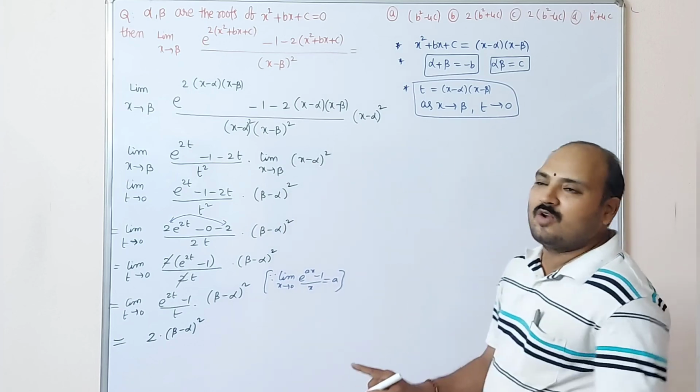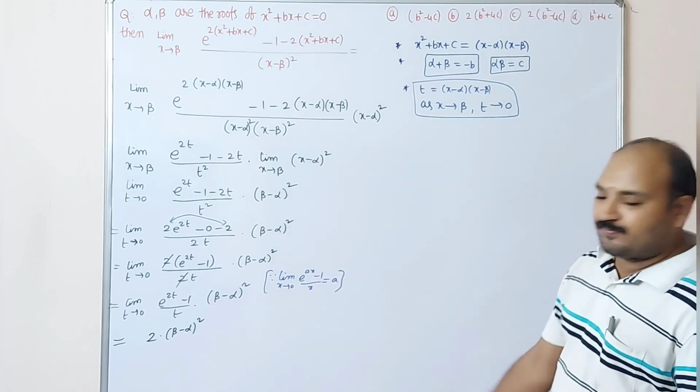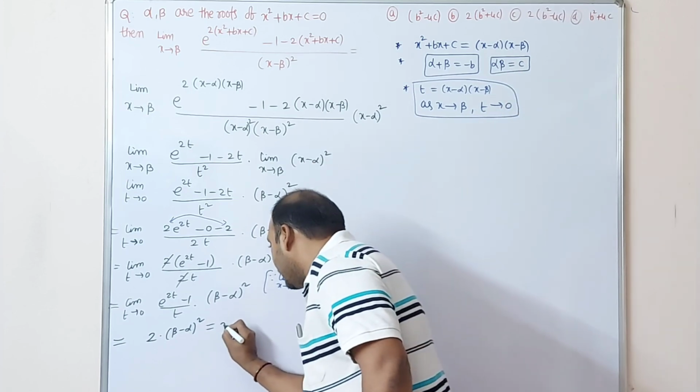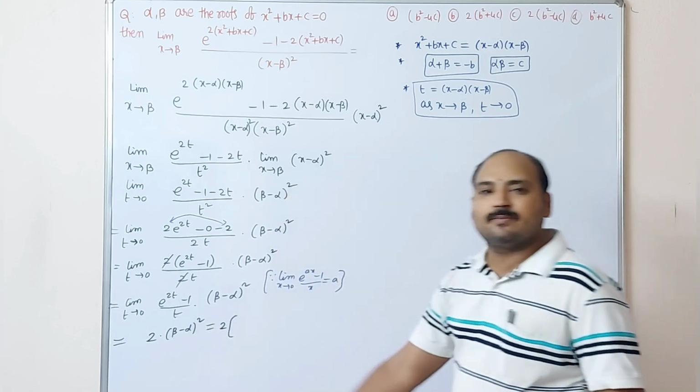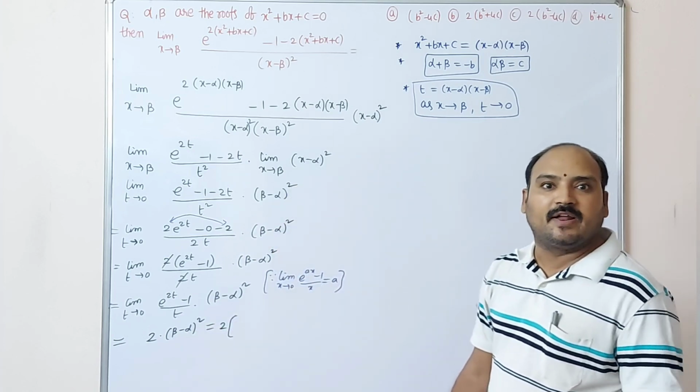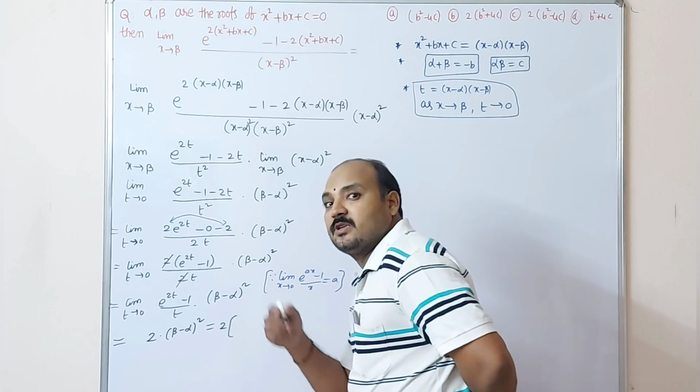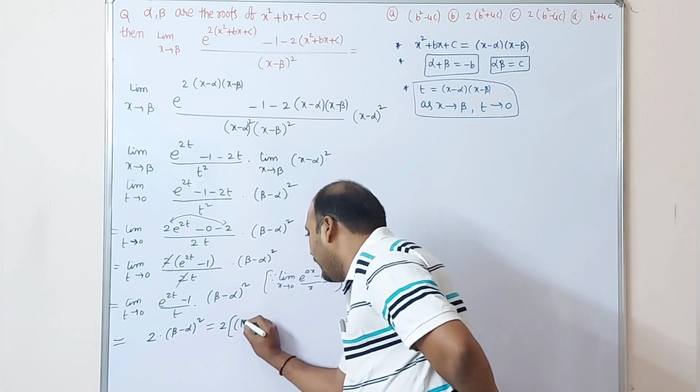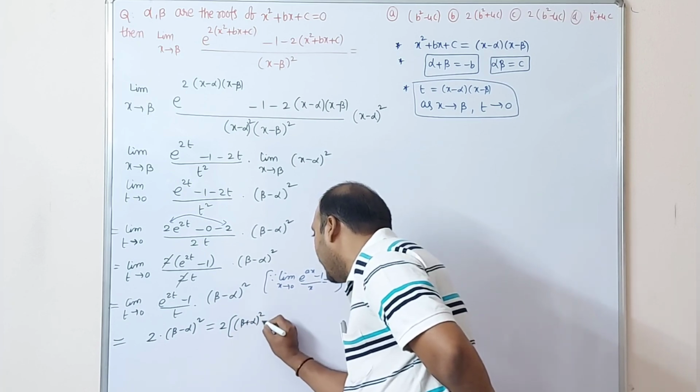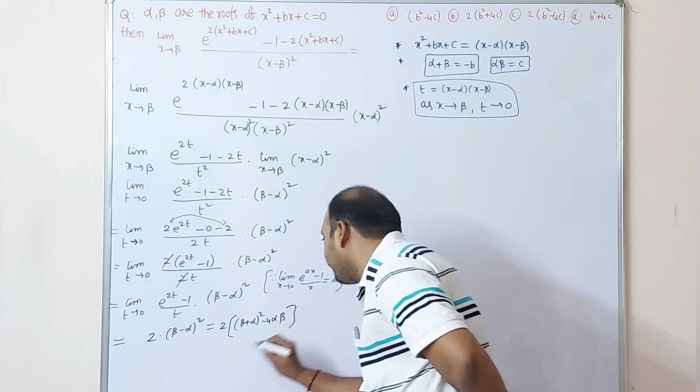But beta minus alpha is nowhere in the options. We can write (x minus y) whole square in terms of (x plus y) whole square and xy. So 2 into [(beta plus alpha) whole square minus 4 alpha beta].